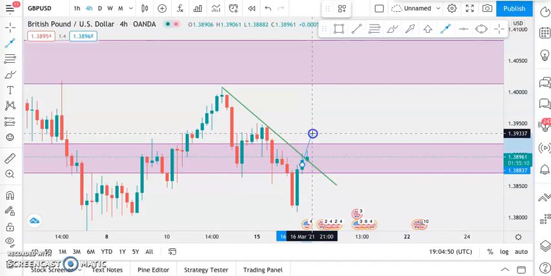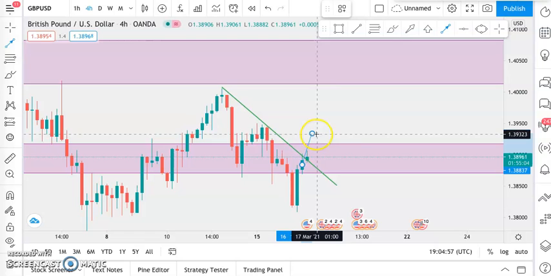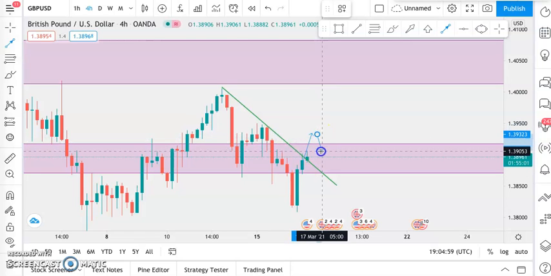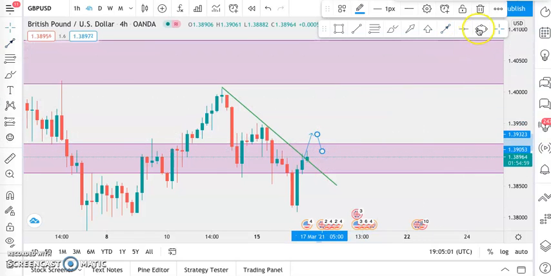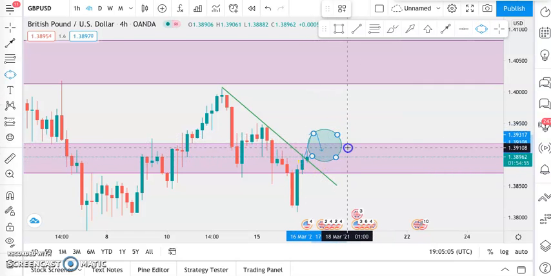Now, if we get this break to the upside, and possibly a retest to this area, then inside this area is where we'll be looking for our longing opportunity, and we will be waiting for the market to shift from a bearish situation, as we would have when the market is pulling back down, to a bullish situation.